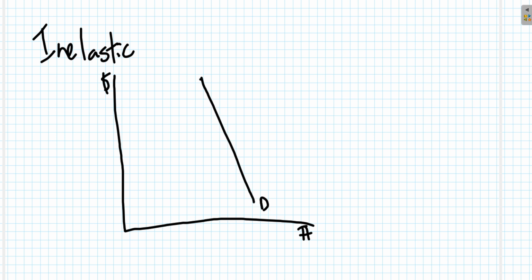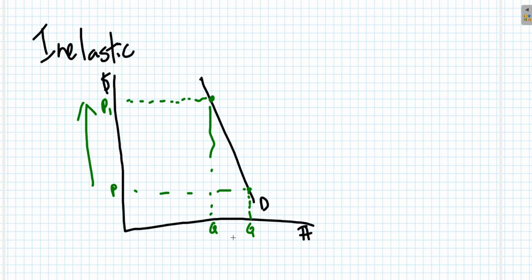And same deal. If I have a low price here, there's my original price, and I raise the price a ton. I raise the price way up to here. We have this big price change. But look what happens with the quantity. We were here, and now we're here.